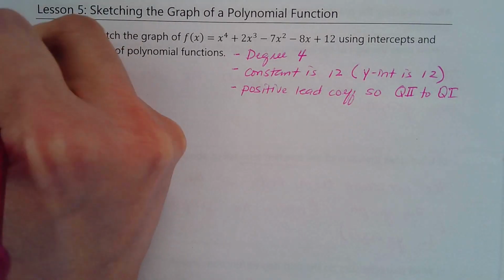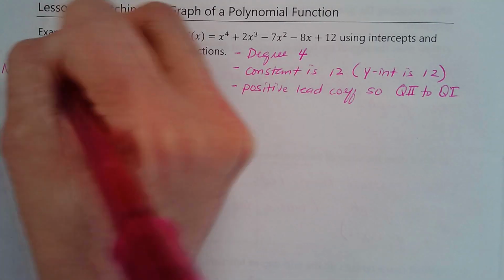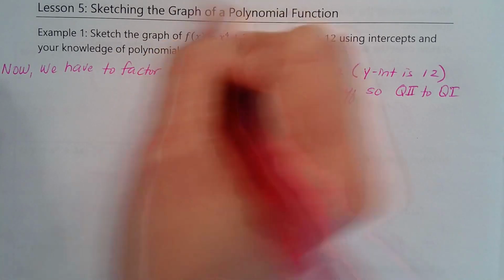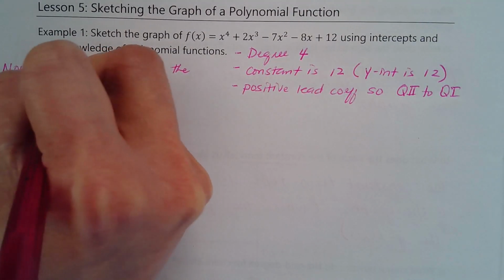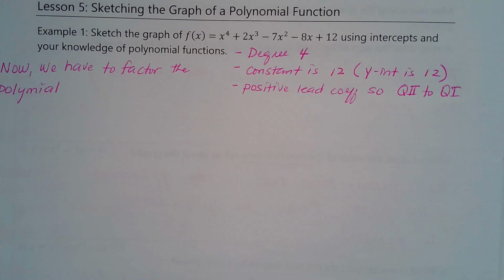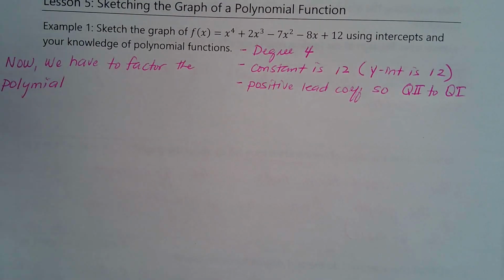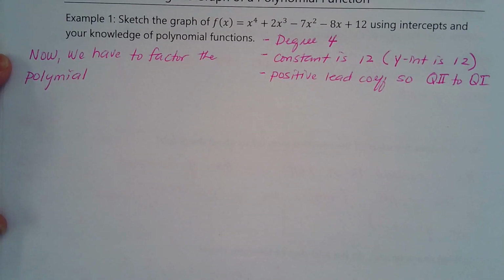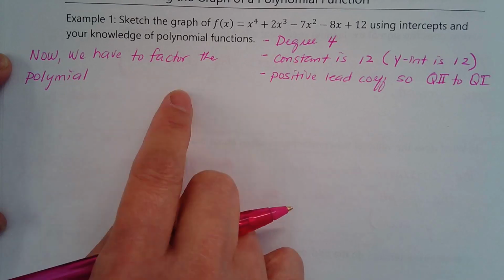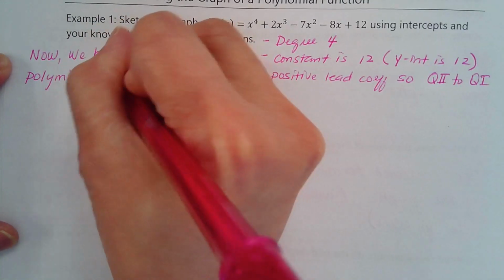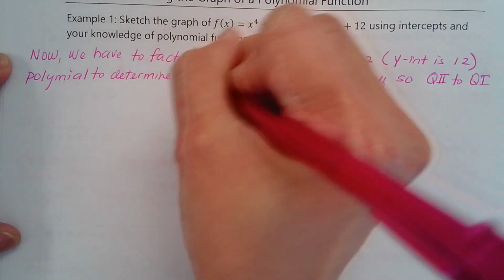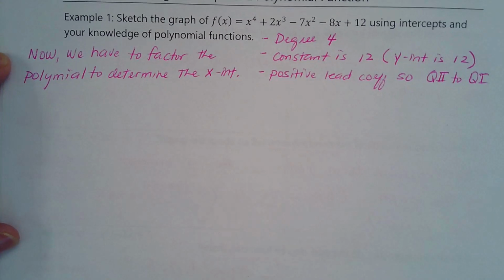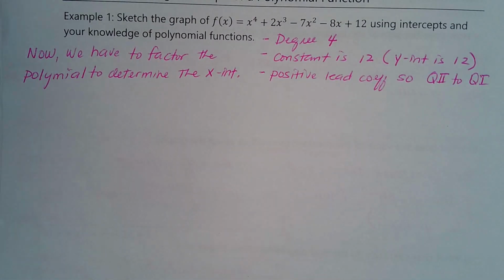Now we have to factor the polynomial. I'm writing this down, this is what I'm really thinking, I'm putting it in words. So if you want to read this again, you know what to do. Now we have to factor the polynomial to determine the x-intercepts. How do we suppose we do that?